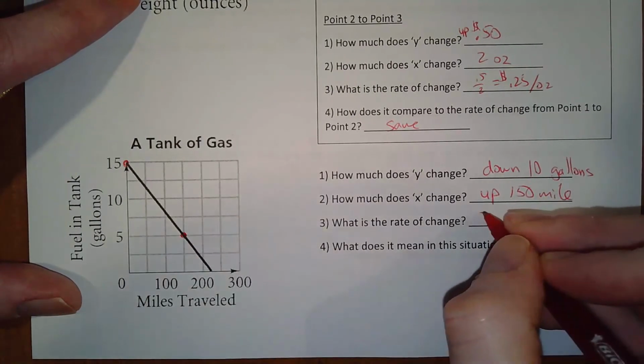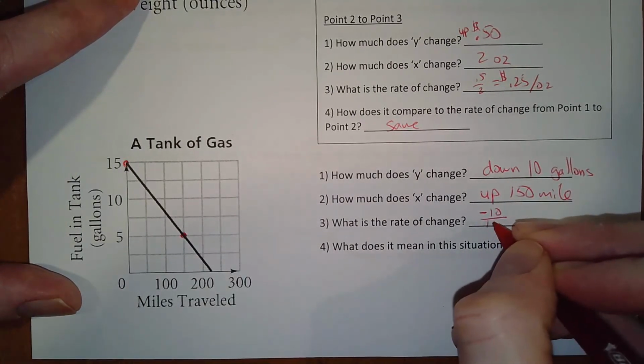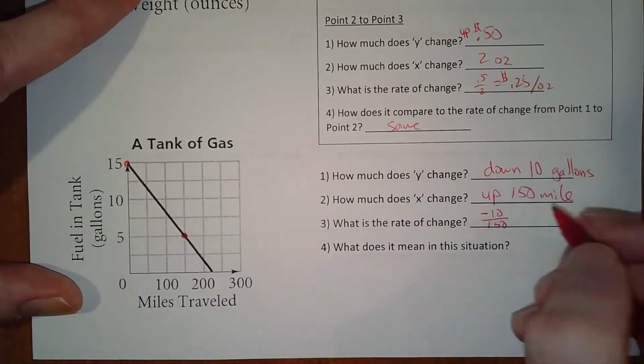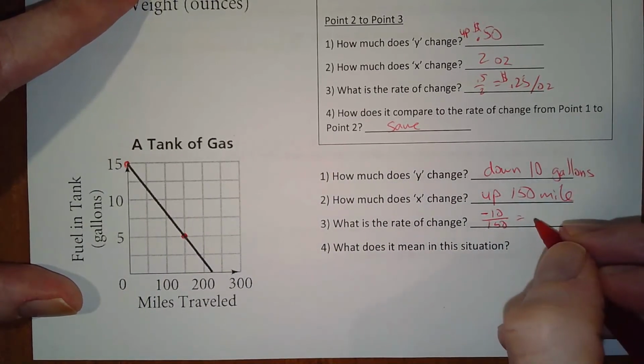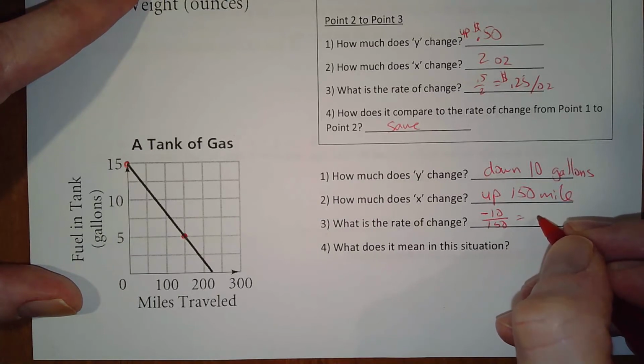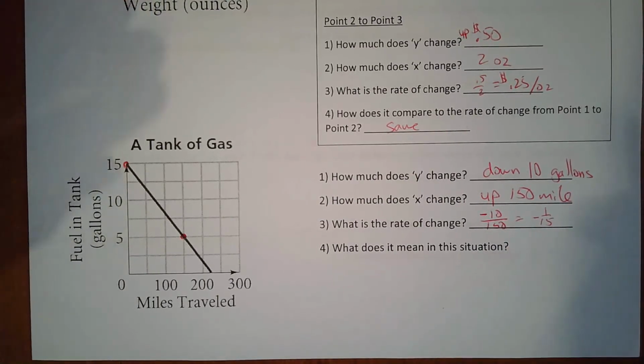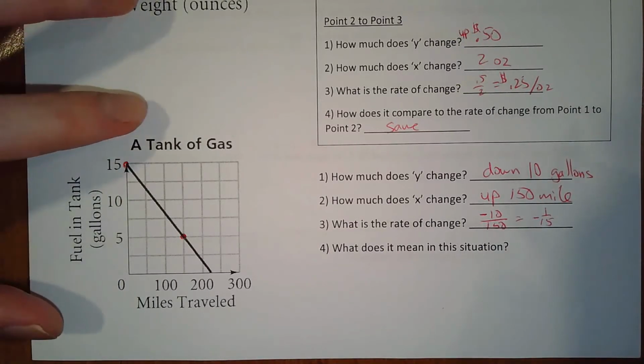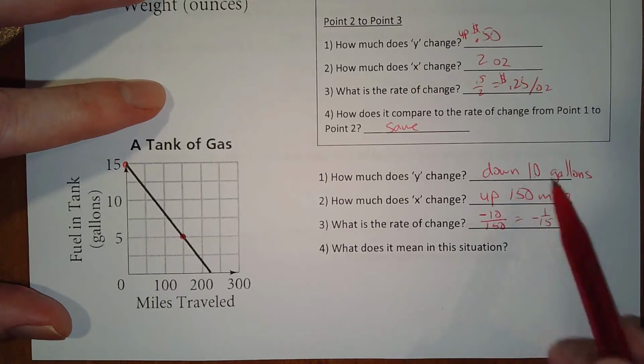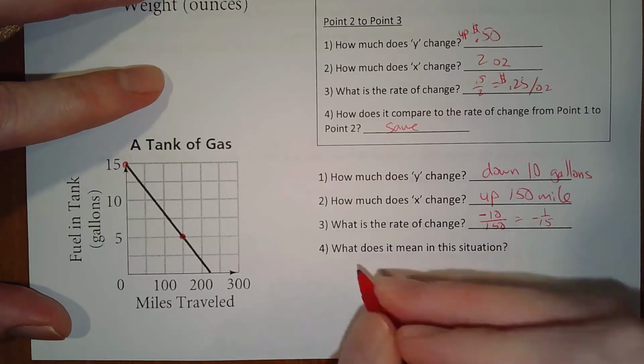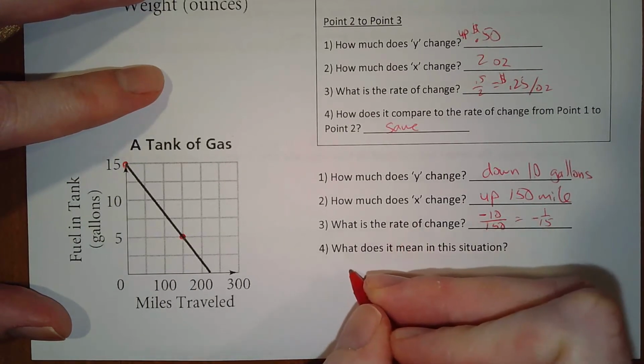Again, down means negative, so down 10 over 150. And so that, you could do some reducing there. If you want to divide it, or we leave it, we could just reduce it. It'd be negative 1 over 15. So what does that mean in this situation? Well, for every 1 gallon used, so every time, so how do we want to say this?